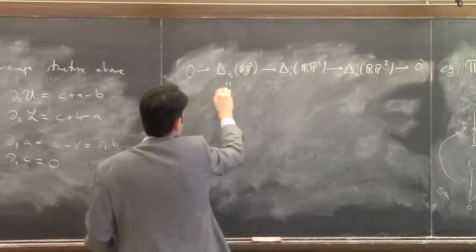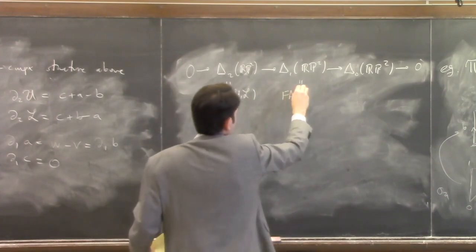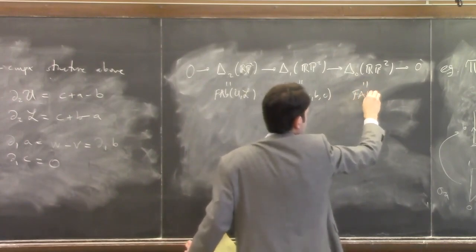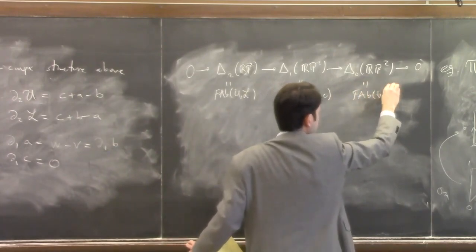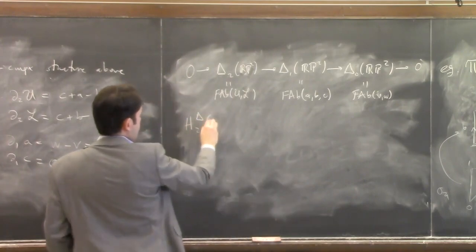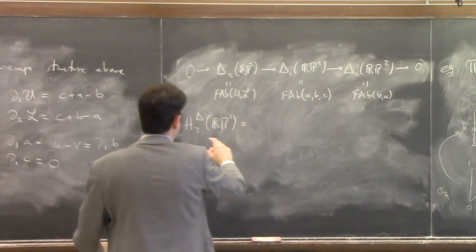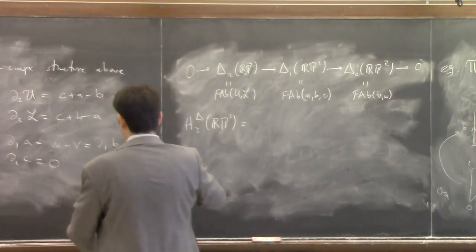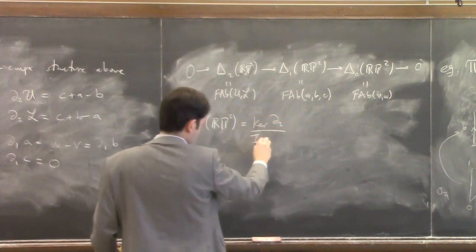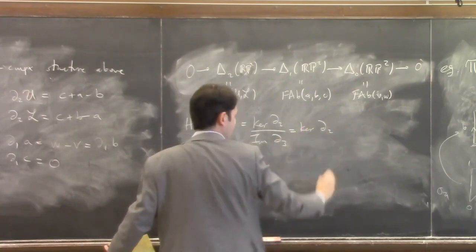Right, this is the free abelian group on U, L, free abelian on A, B, C, free abelian on V, W. Okay, H2 delta is going to be the kernel of delta 2 over the image of delta 3, so that's just the kernel of delta 2.